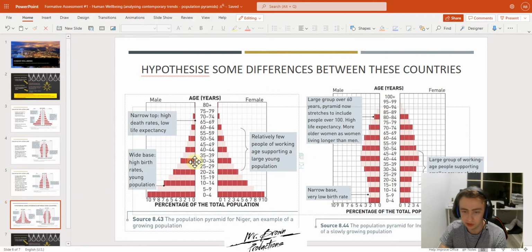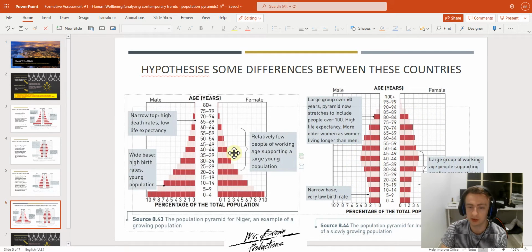So if we were to look at these two different countries, Niger and Indonesia, like we did earlier, in summary, we would note that countries with a really large base of their pyramid have a very high birth rate, and if it's quite narrow at the top, they've got a low life expectancy. And the opposite we can see here is true.